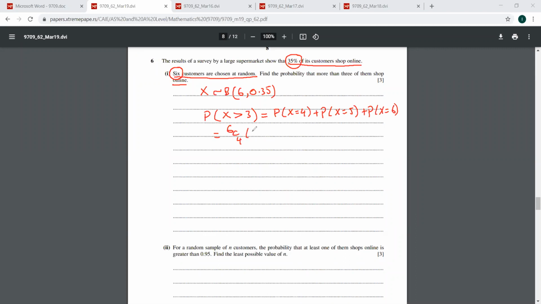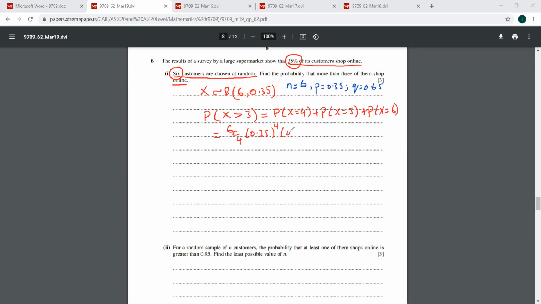6C4 and 0.35 raised to power 4. When you write this, you must mention here that your n is 6, your p is 0.35, and your q is going to be 1 minus 0.35. That is going to be 0.65. So we'll be using that here.